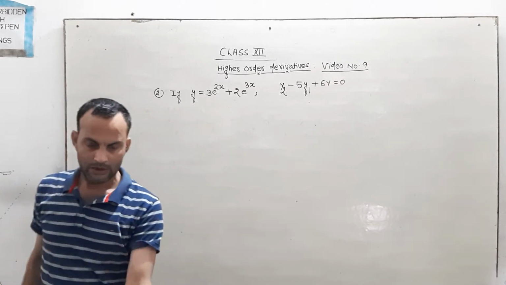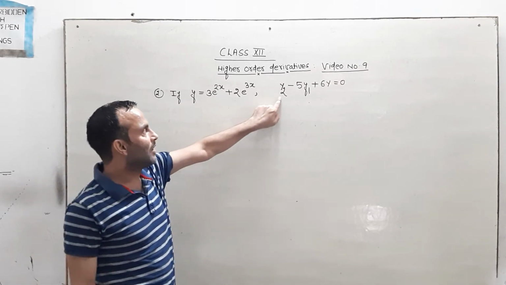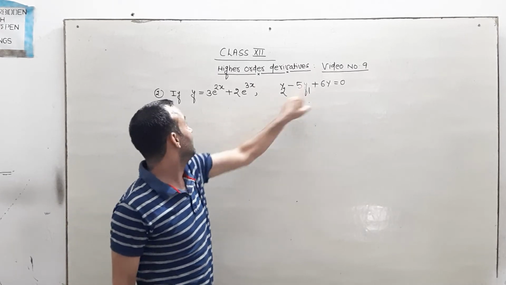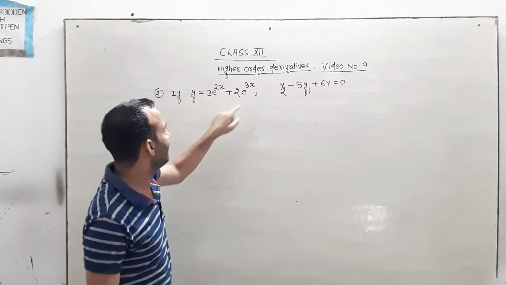Okay. y2 means d square y over dx square. y1 means dy over dx, and the value of y is already given.